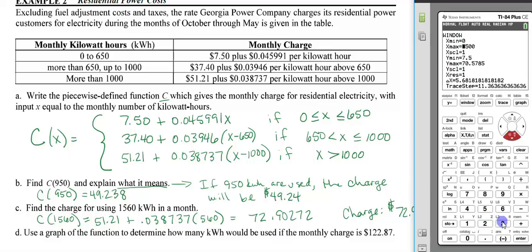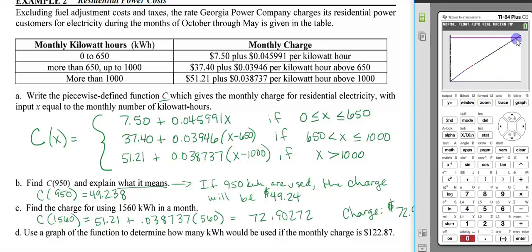Let's say that we go to 3,000 on our X max and do another zoom fit to see if we can, yeah, there we go. We've got an intersection there. So we can now intersect if you like. We don't want to intersect Y1. That's not the piece that we are actually intersecting with that horizontal line.